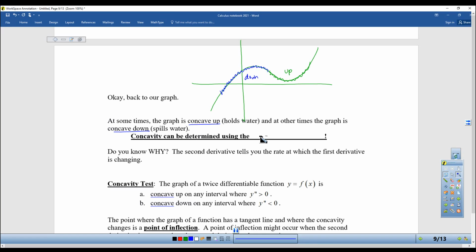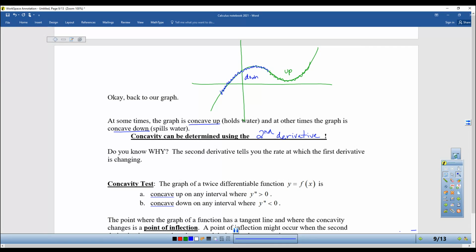Concavity can be determined using the second derivative. If you are really into this, you could stop and see if you could figure out why that tells us that. Why does the second derivative tell us whether or not it's going to have that curvature?